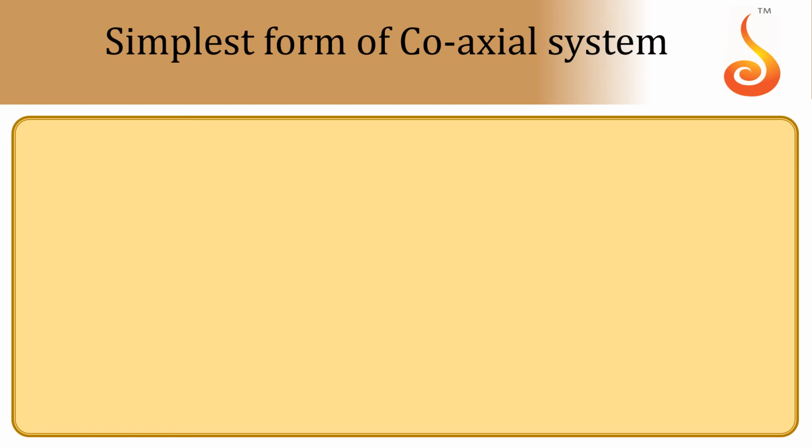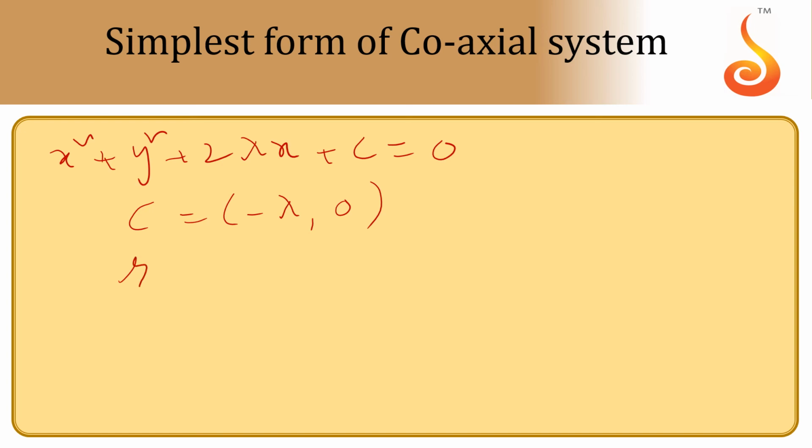Simplest form of coaxial system means if you take the line of centers on the x-axis and the radical axis as the y-axis. So you'll have x square plus y square plus 2 lambda x plus c equal to 0. So the center will be minus lambda comma 0 and the radius will be under root of lambda square minus c.